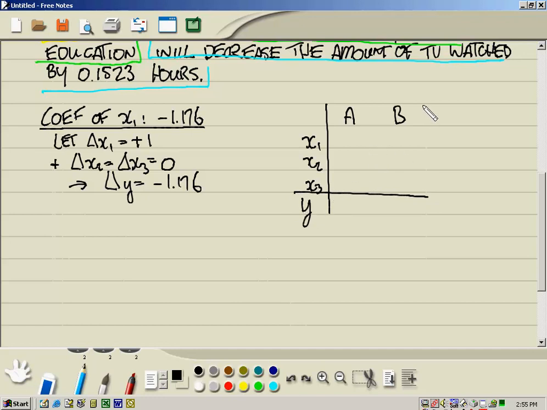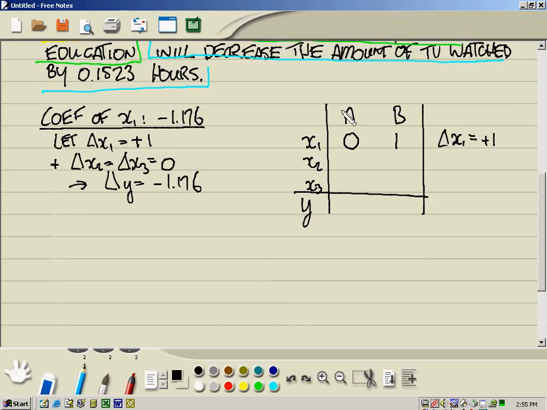Alright, and like I said, what we want is to affect these particular changes, the delta x's. So what we want first is that delta x1 is plus 1. The only way to do that, since x1 is a dummy variable which can only have a 1 or 0 answer, is that first one is 0 and the second one is 1.